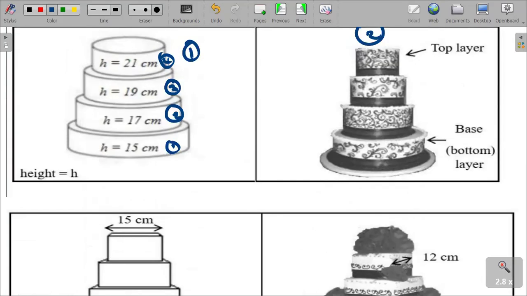We add 21 plus 19 plus 17 plus 15, which is what I've marked there.